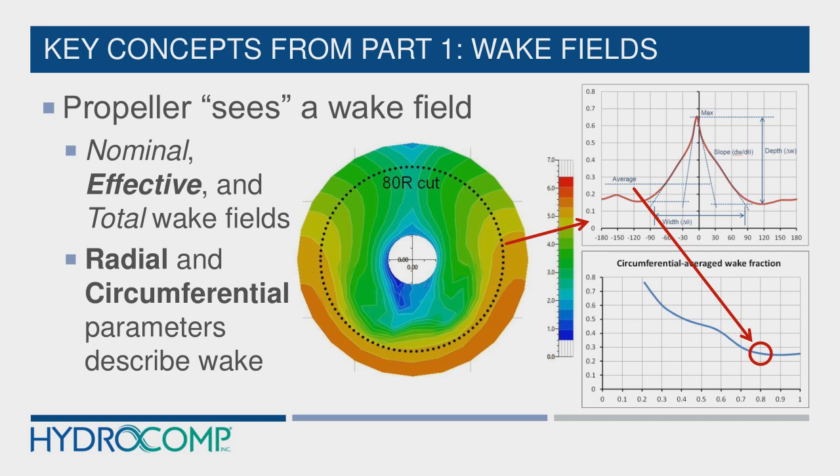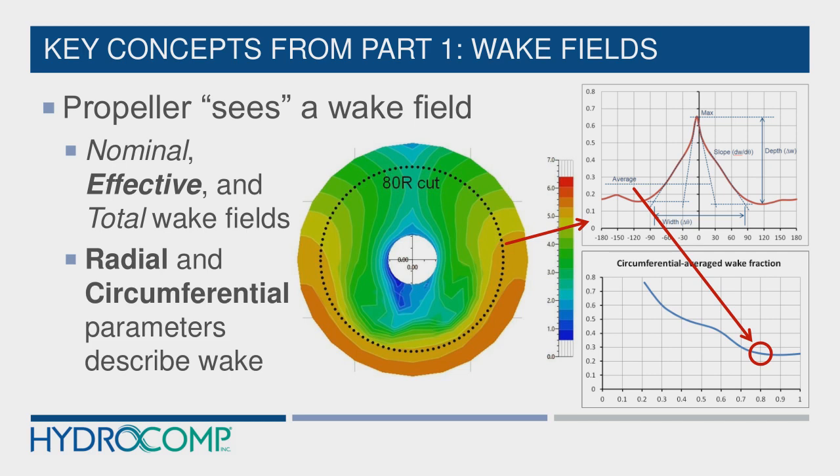And then up in the top dead center near 12 o'clock, we have the slowest velocities because of the existence of the ship stern structure and the shafting and all. Now, there are 3 types of wake fields that we discuss: nominal, effective, and total. And in any discussion about propeller performance, we're talking about effective wake fields. So I'll refer you to that first webinar for any additional discussion about that.